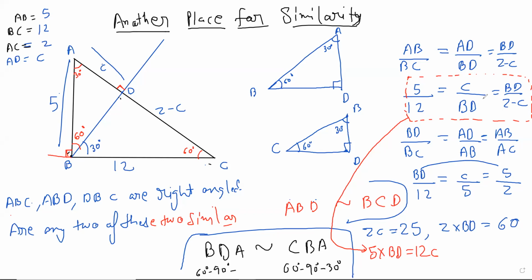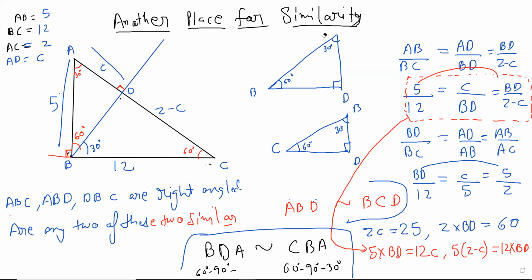I don't want to write BD square. I don't want to get into squares right now. So it's better to do the first and the last. So what do we get? 5 times Z minus C equals 12 times BD. So we have all these equations in front of us.